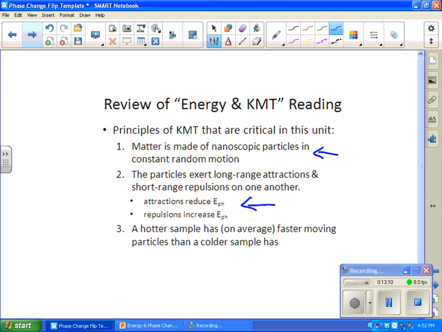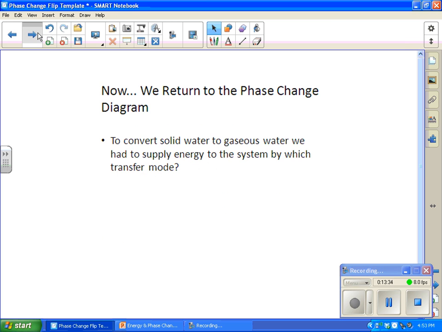We mentioned earlier in this lecture that attractions will reduce the phase energy and repulsions will increase that phase energy. And the third is that a hotter sample has, on average, faster moving particles than a cold sample. Again, you should be very familiar with this at this point.